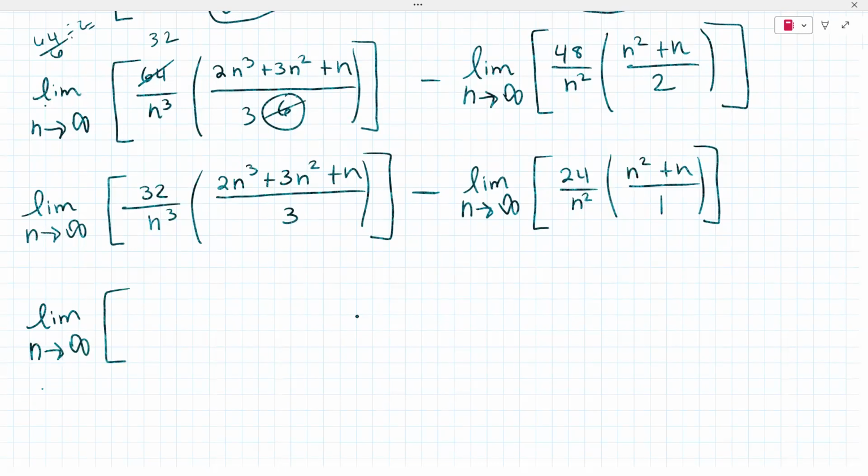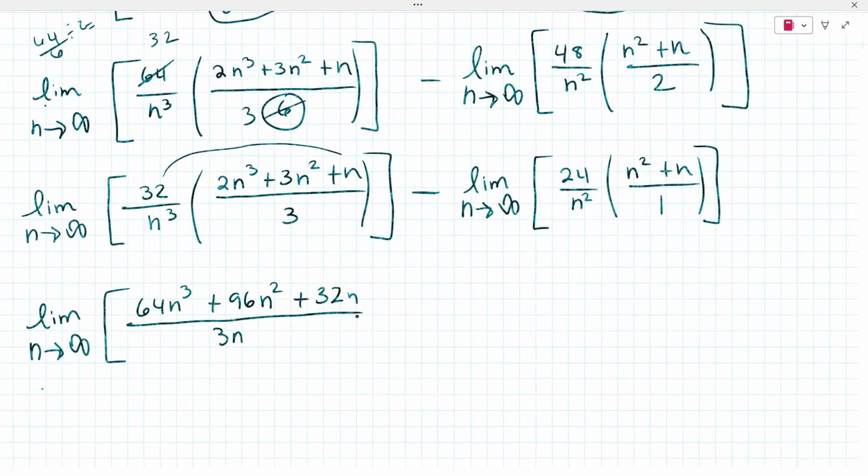And then I guess you can just FOIL this out. 32 times this whole thing, and then 3 times n cubed is going to be 64n cubed plus 96n squared plus 32n all over 3n cubed, minus the limit as n approaches infinity.